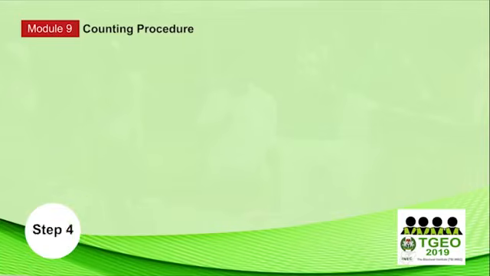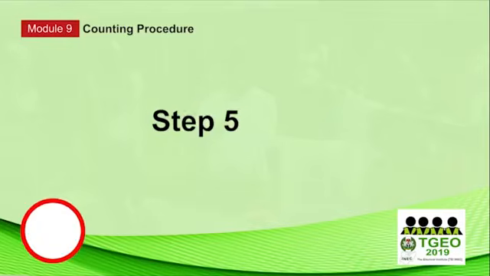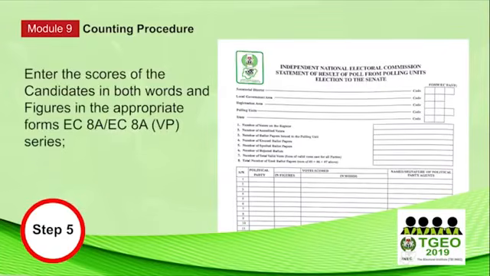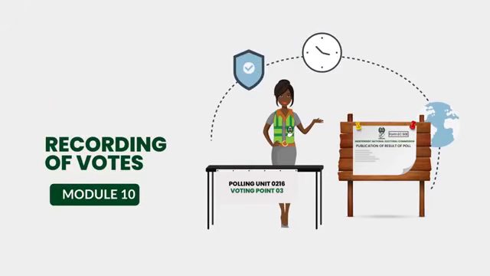Step 4. Verify the results according to the prescribed procedure. Step 5. Enter the scores of the candidates in both words and figures in the appropriate forms, EC8A or EC8A VP series.